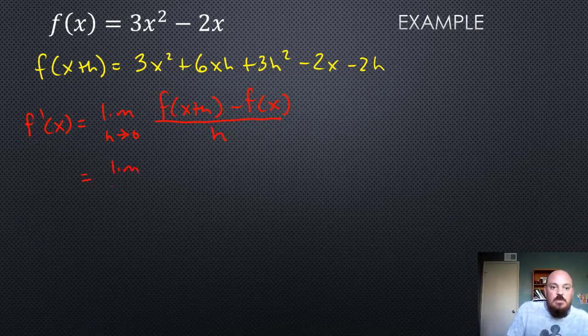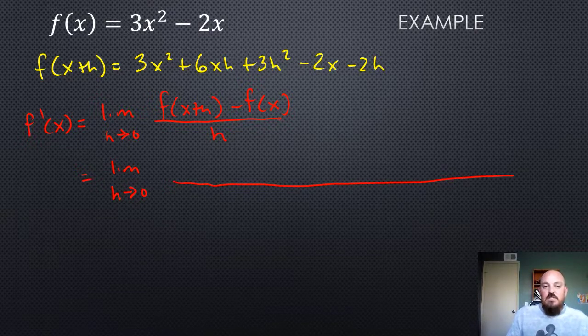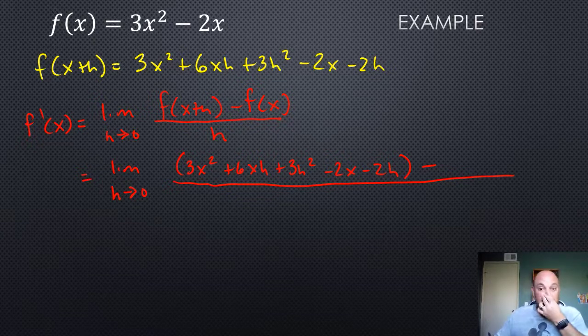Let's substitute what we just had. Now I'm going to stretch this all the way across the board. It gets a little bit messy. F of x plus h is what we have written in yellow up there. That's 3x squared plus 6xh plus 3h squared minus 2x minus 2h. And I'm going to subtract from that f of x, which is the original question.